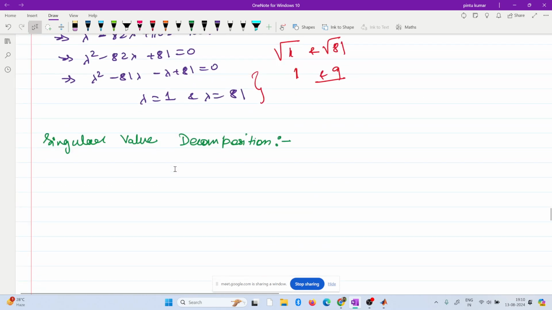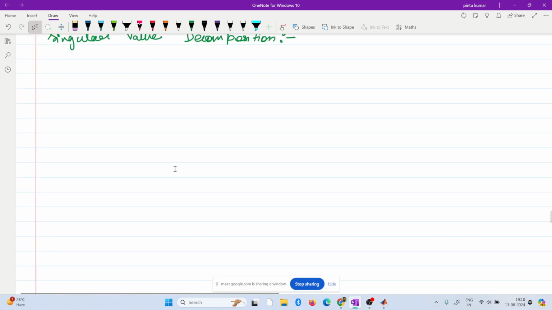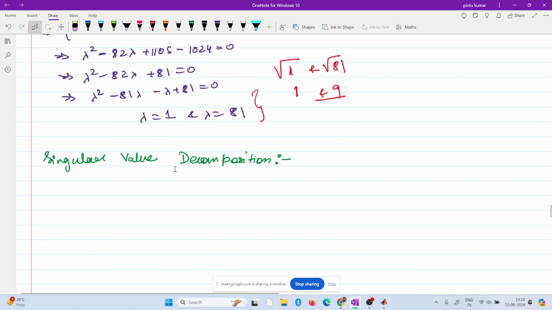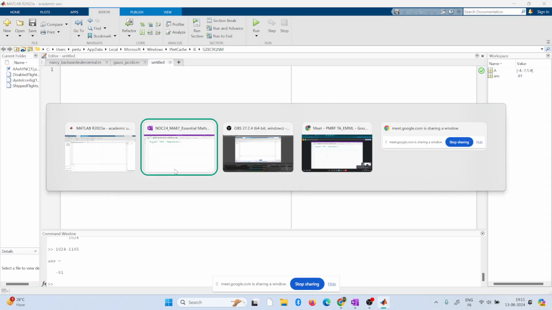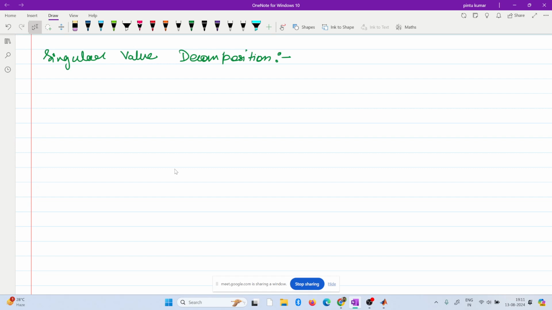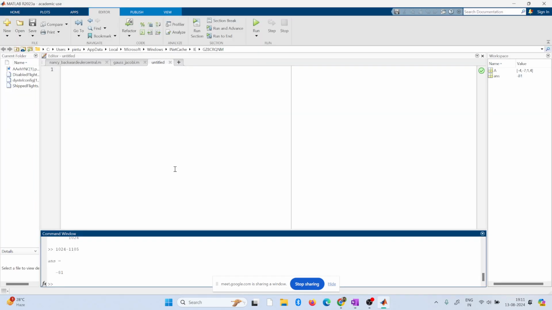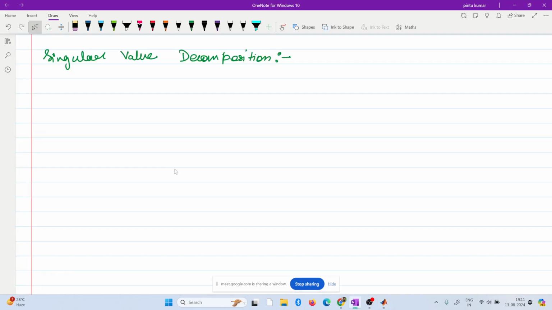Okay. So now we have something called singular value decomposition. First, if you have a symmetric matrix, then you won't get negative eigenvalues. Sorry, eigenvalues. Then that's why you won't have that negative under root problem.